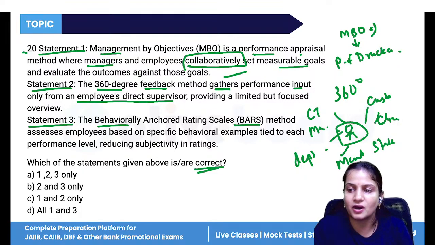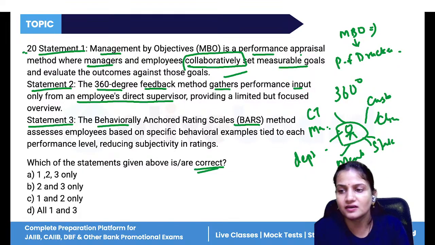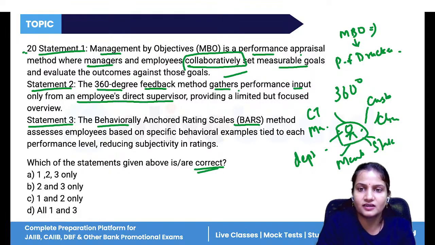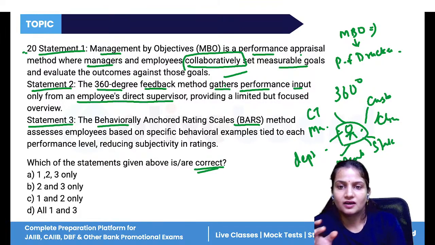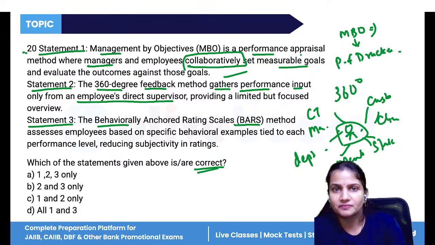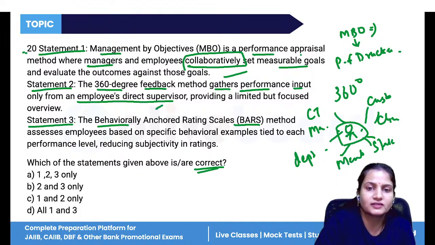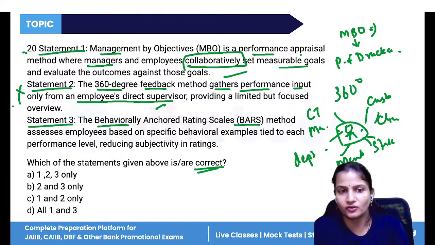Everybody will give feedback for this person. So 360-degree says that the performance is measured with the help of all the people present over there, not only any one single supervisor. So this statement is no. It includes all the people.